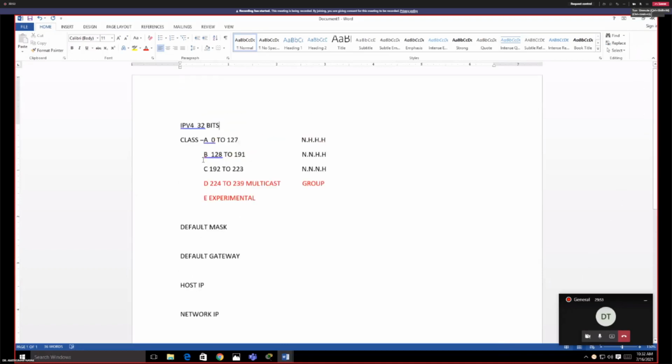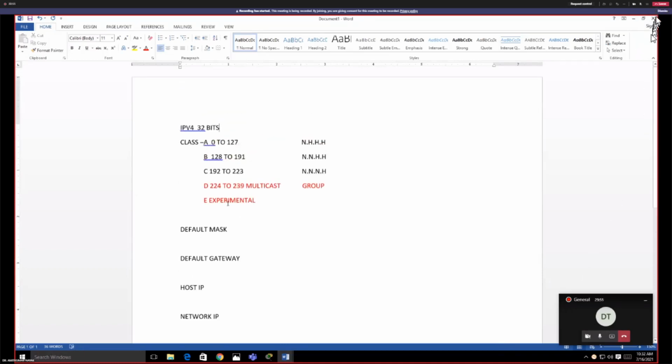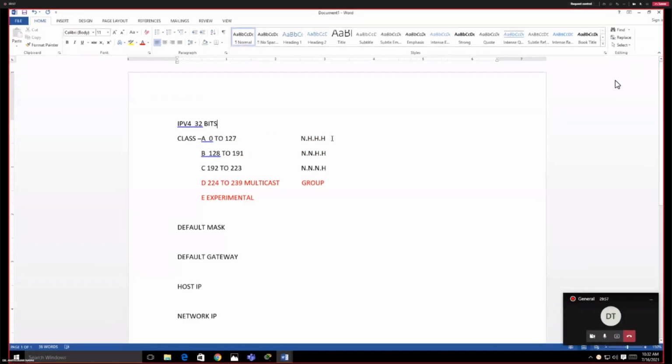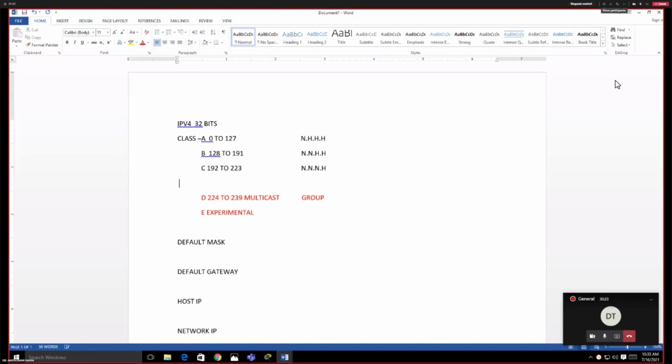Let us again go through the IP addresses which we are discussing: IP address classes A, B, C, D and E. So this notation: network dot host dot host dot host, network dot network dot host dot host, and network dot network dot network dot host. Now if you see the length of the IP address, it is 32 bits long. At each position, 1, 2, 3 and 4, you have 8 bits available.